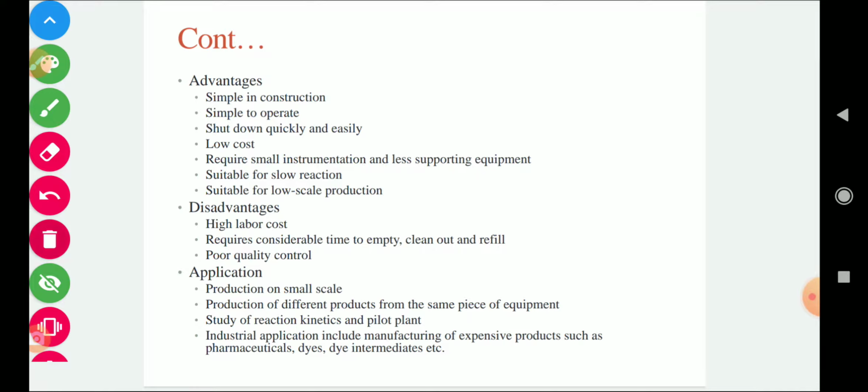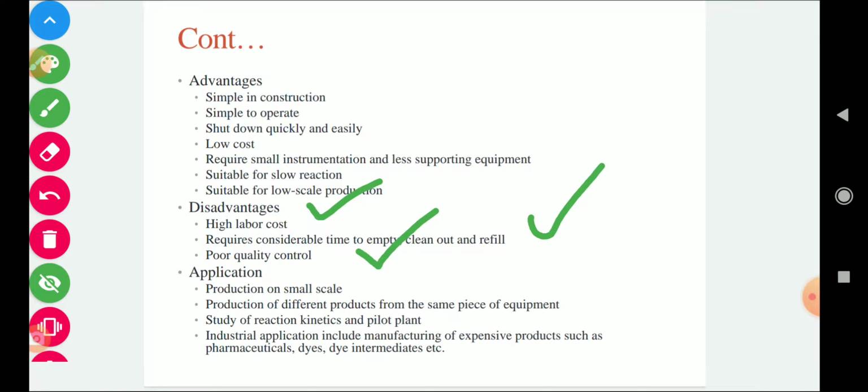On the other hand, they have some disadvantages like high labor cost, because in batch reactor you need to fill the reactor and then empty the reactor. So it is very labor intensive, require considerable time to empty, clean out and refilling, poor quality control.